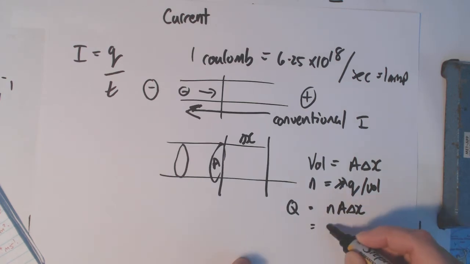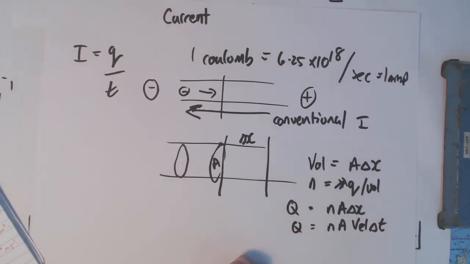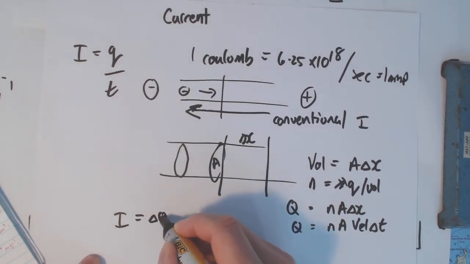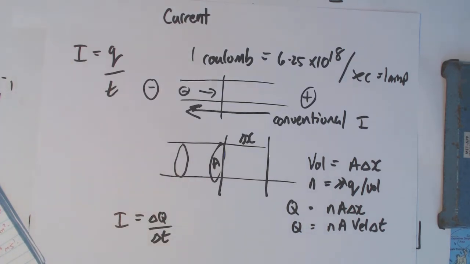So we can actually call that v, velocity, times time. That's the total charge in there, all right? So we come back to our definition of current, which is total charge that passes a point, and total time is your current, right? Per second that comes out.